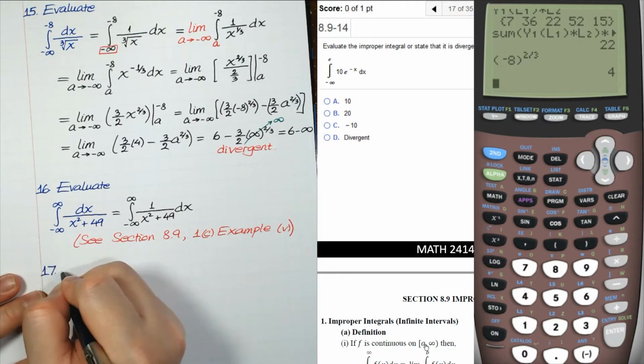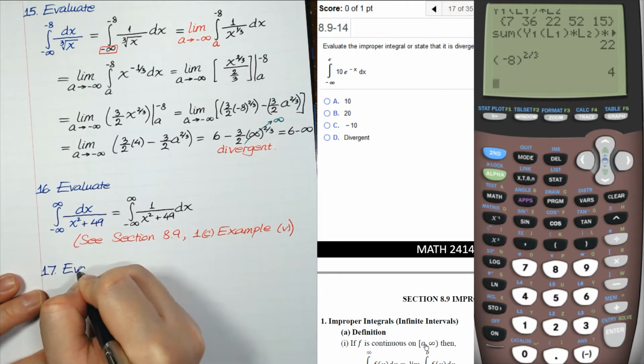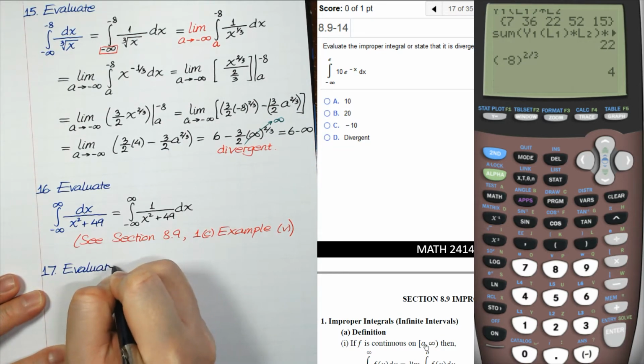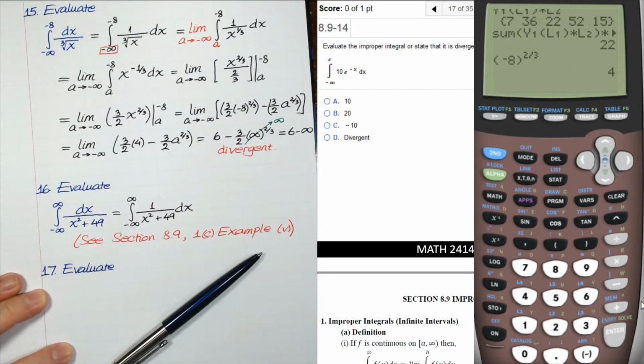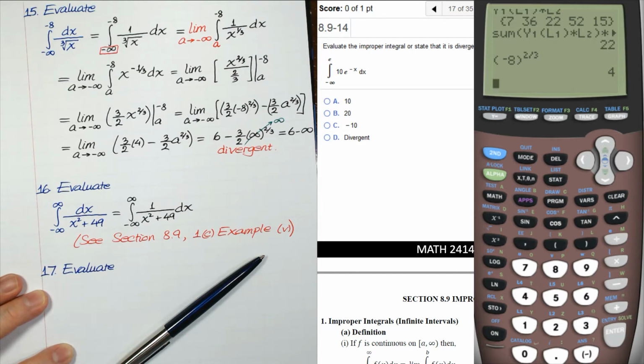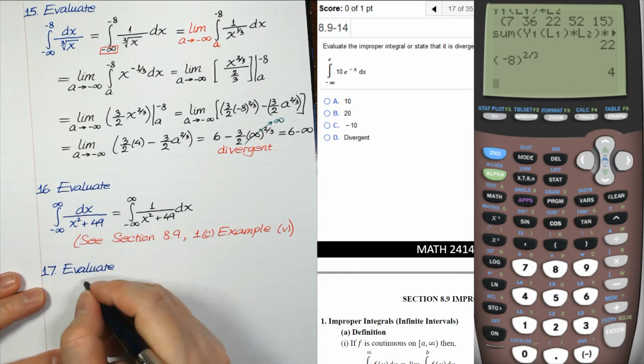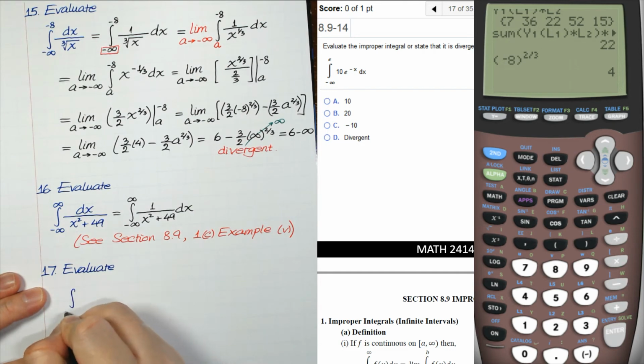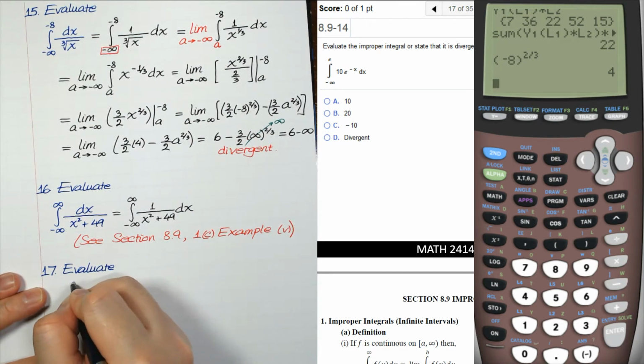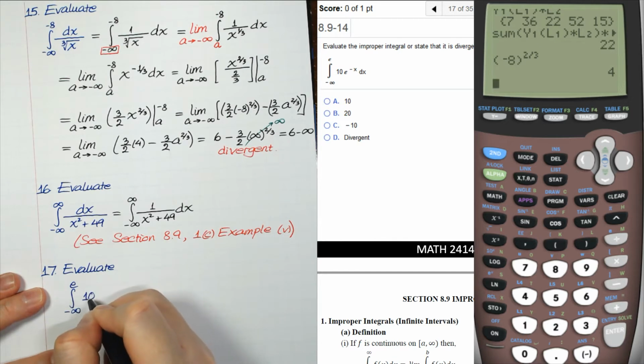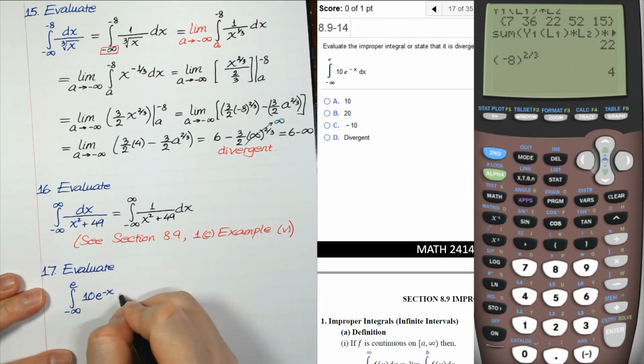Evaluate. Right, the top is e, the bottom is negative infinity, of 10 e to negative x dx.